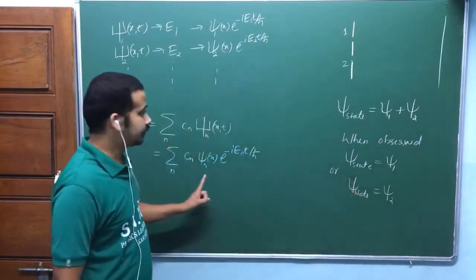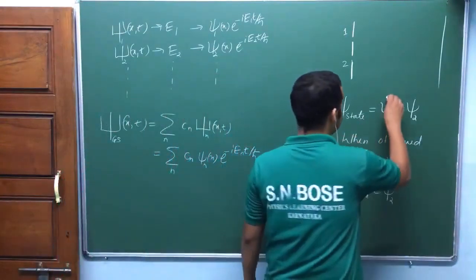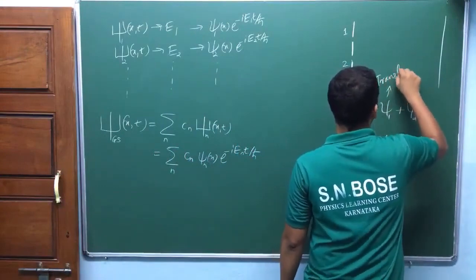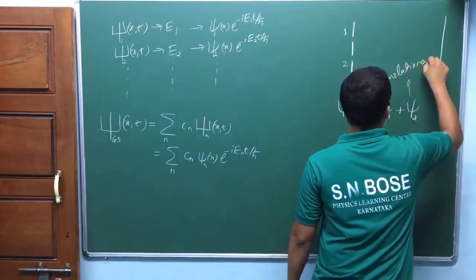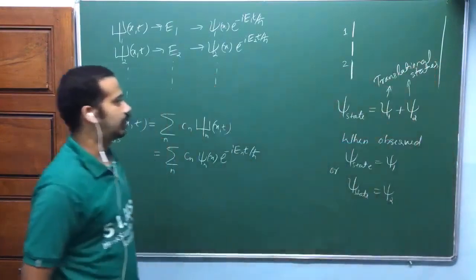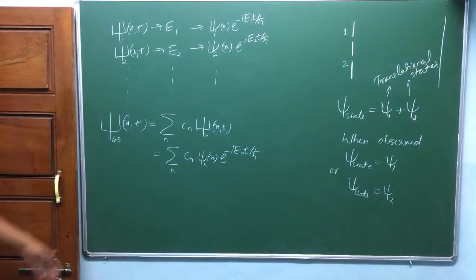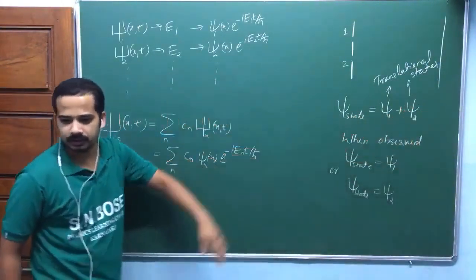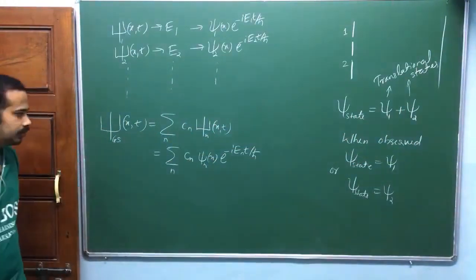This is not a translational state. Here we call this a translational state. They are very similar to eigenstates of momentum, or eigenstates in the case of a free particle. We shall see that later, not normalizable, but it will help us understand.